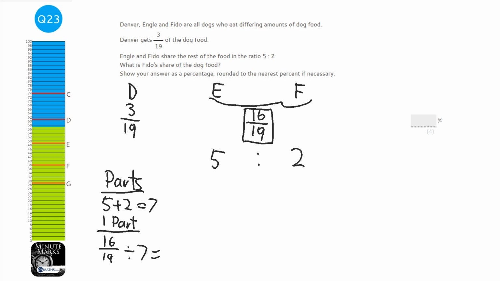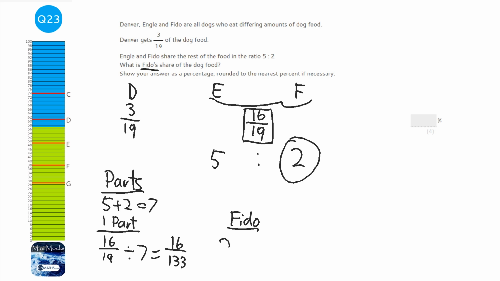So 16/19 on the calculator divided by 7 gives us 16/133. So that's the fraction of each part. Now it says, show what is Fido's share. So we're looking for Fido's share. Now Fido gets 2 lots of that fraction.